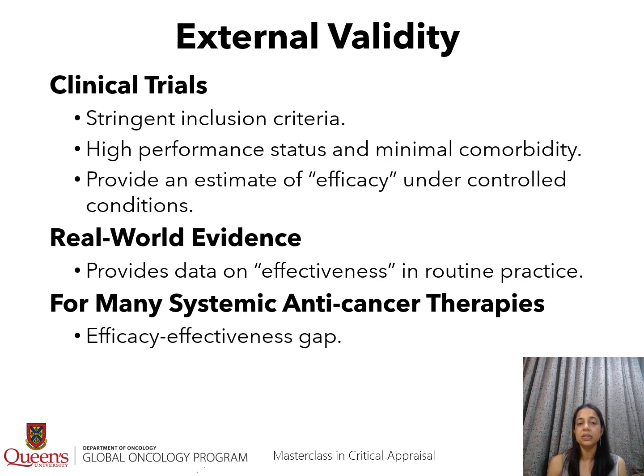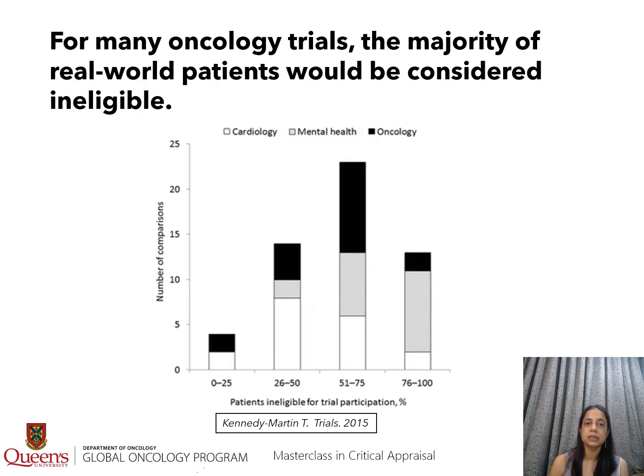So real world evidence provides data on effectiveness in routine practice. And we know that for many systemic anti-cancer therapies, there is a gap between efficacy and effectiveness. So this study showed that for many oncology trials, the majority of real-world patients would be considered ineligible, grossly limiting their external validity.